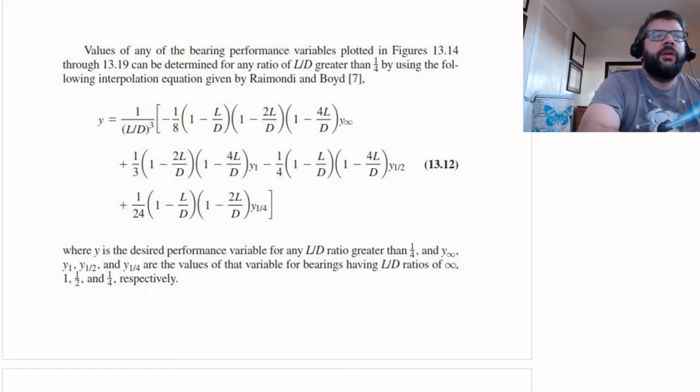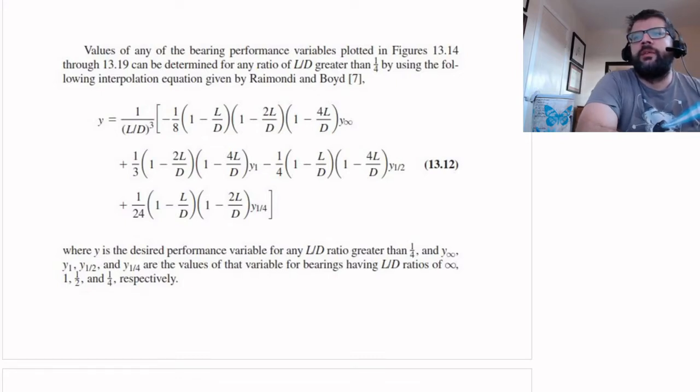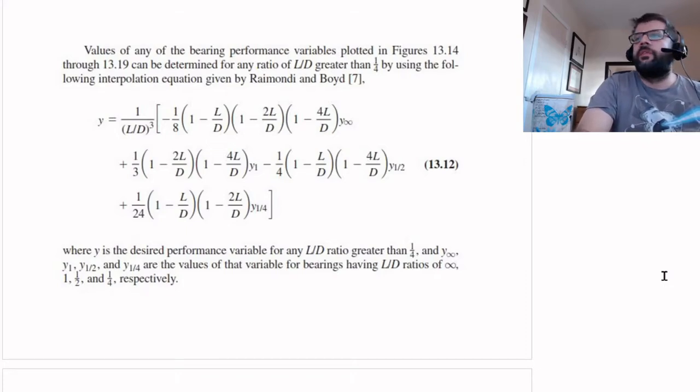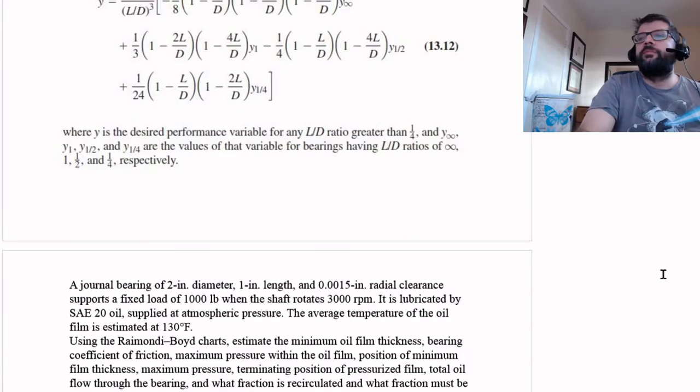So like on one of the charts, whatever y dimension you're looking for, that'll give you the dimension you're going for at that particular bearing characteristic number. So yeah, a bit of a complicated formula, but not too onerous to do, especially if you let Excel do the work for you.